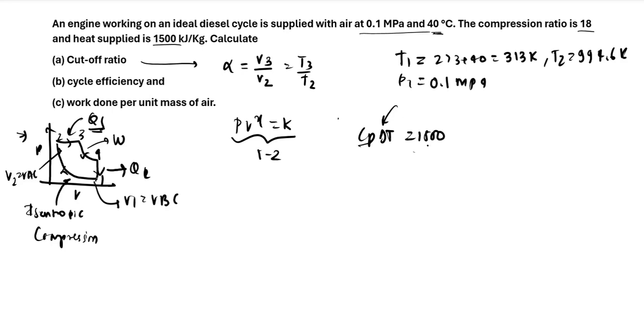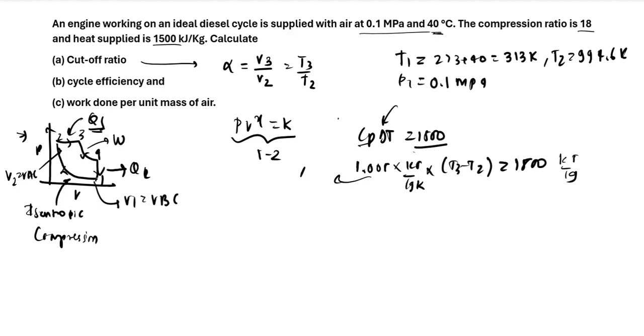For air, Cp is 1.005 kilojoule per kg Kelvin, and delta T will be T3 minus T2, which should be equal to 1500 kilojoule per kg from the question. This is the Cp value for air.